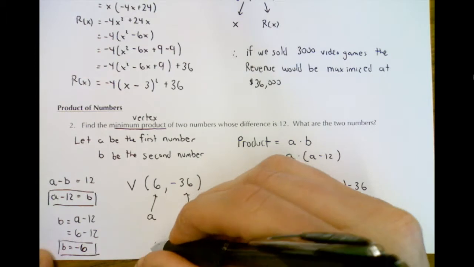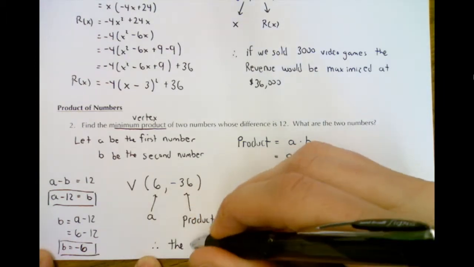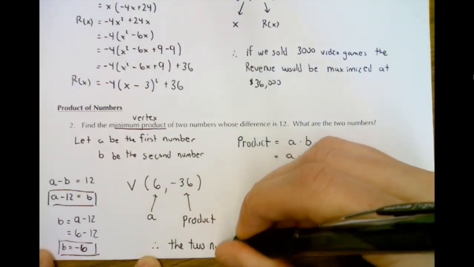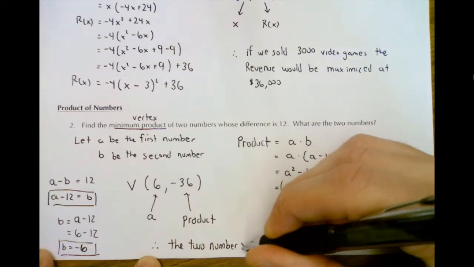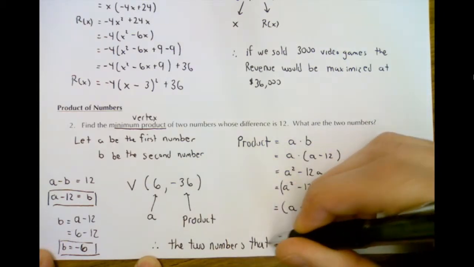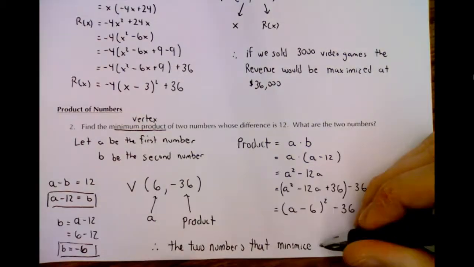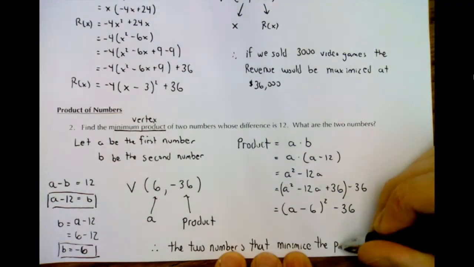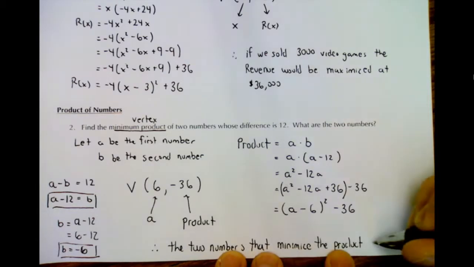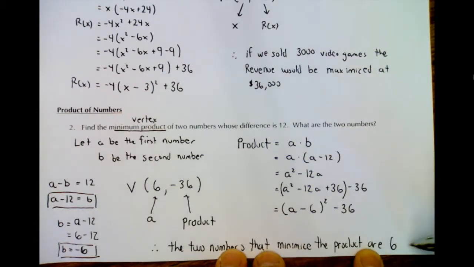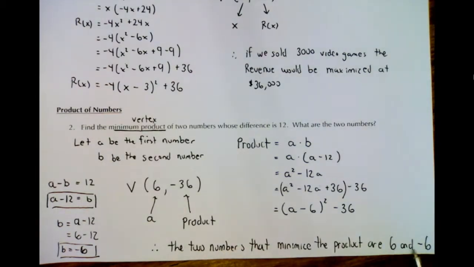So therefore, the two numbers that minimize the product are 6 and negative 6. And the difference between 6 and negative 6 is indeed 12. If we subtract those two, we get 12.